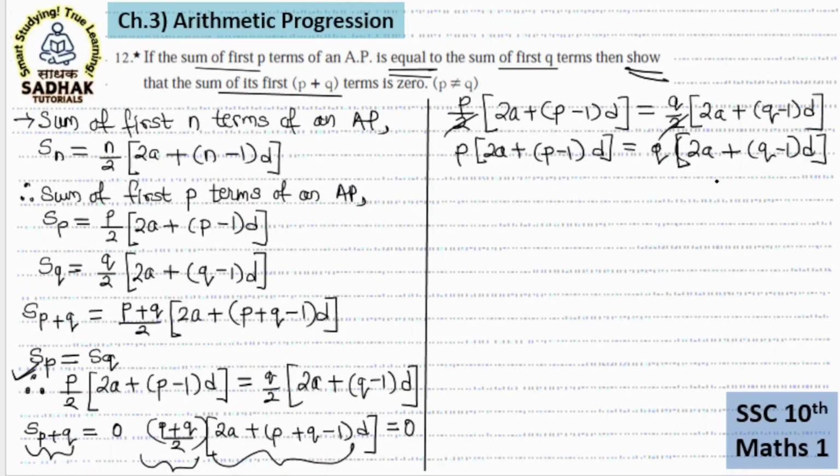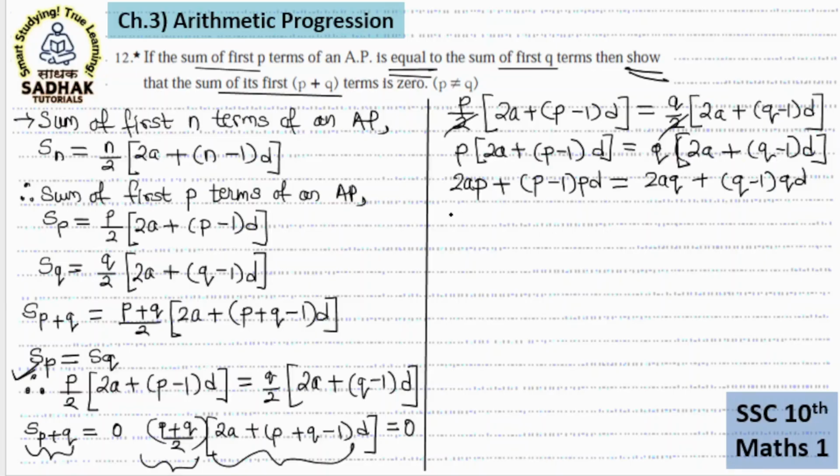Okay, so let us simplify this equation now. We have to multiply p by all the terms. So we will get 2ap plus p minus 1 pd. Okay, p multiplied by d is pd, is equal to 2aq plus q multiplied by q minus 1 qd. Okay, this is what we get.